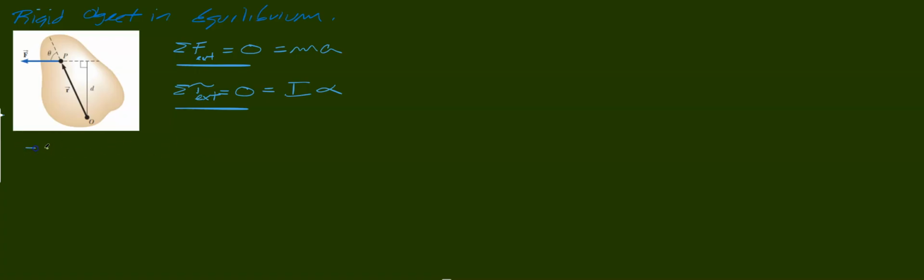You remember you have the static equilibrium scenario, and then you have also the dynamic equilibrium. When it's static, the velocity is zero.